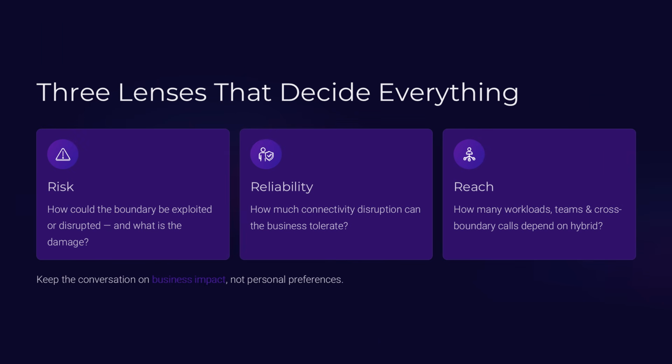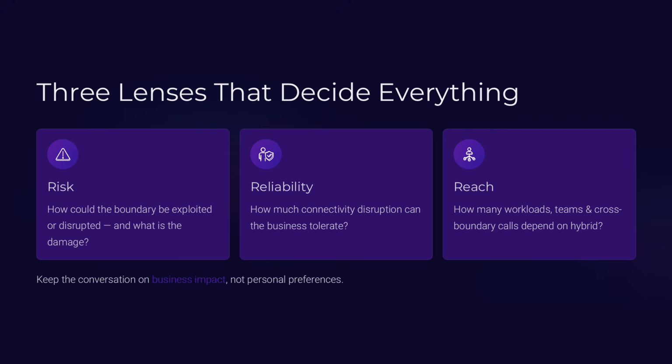With both options defined, you now introduce the three lenses that will decide which approach fits your organization. Risk is about how the boundary could be exploited, misused, or disrupted, and how much damage that could cause. Reliability is about how much connectivity disruption your business can tolerate, including maintenance, outages, and degradation.